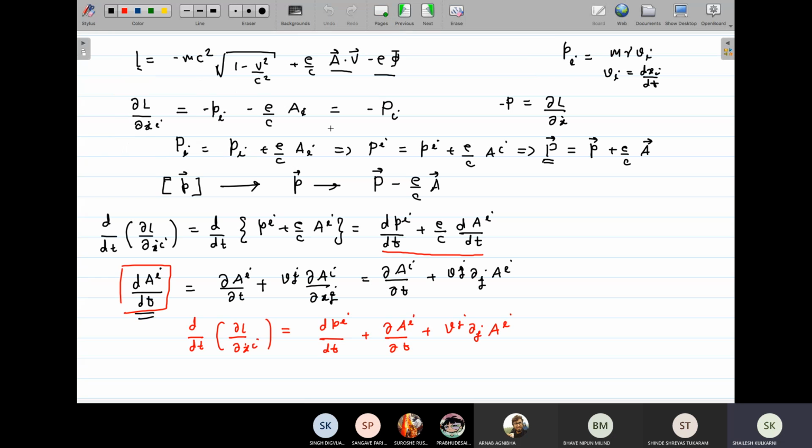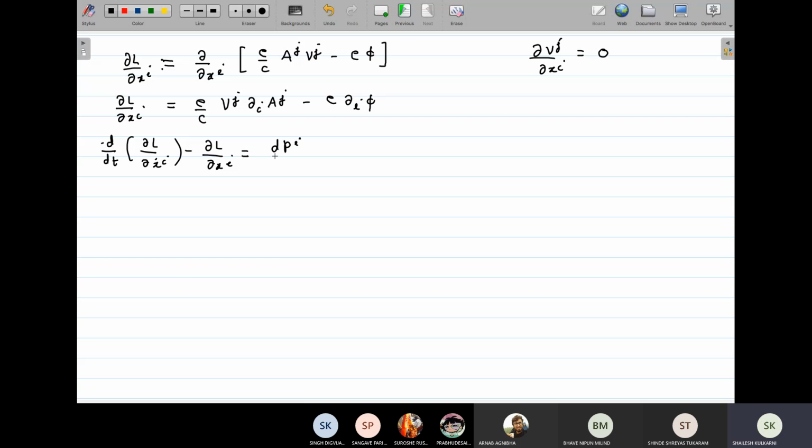The first part, which is dp_i/dt, plus e/c ∂A_i/∂t, plus e/c v_j ∂_j A_i, minus e/c, where e/c I have taken common, v_j ∂_i A_j, plus e ∂_i φ, equal to 0.